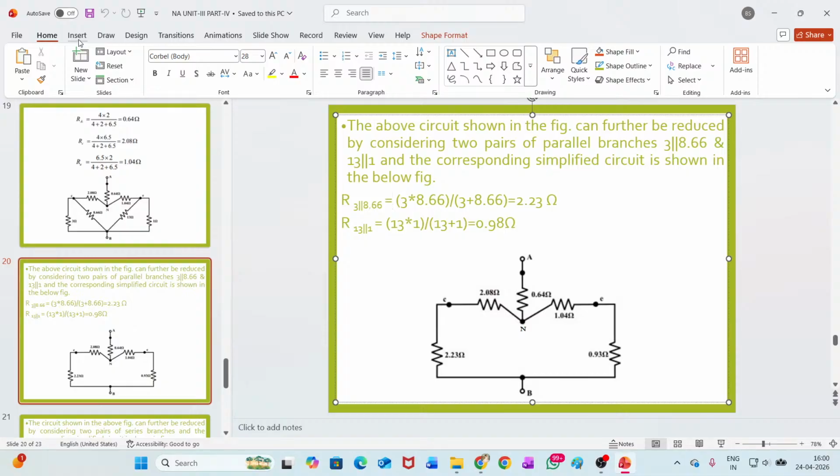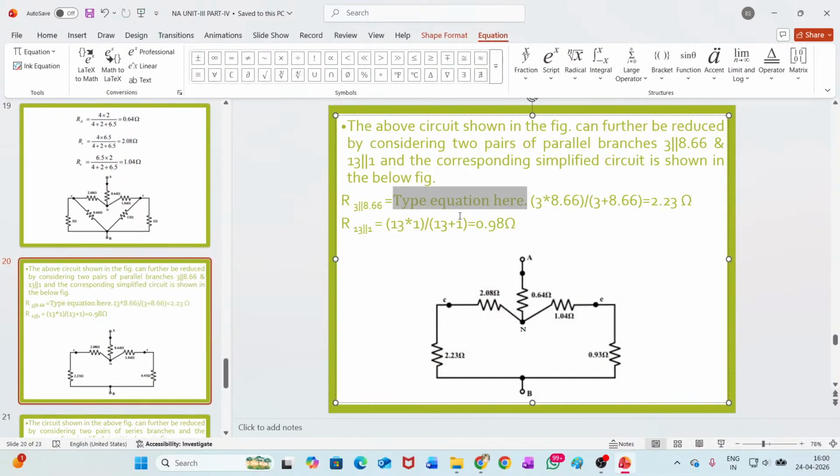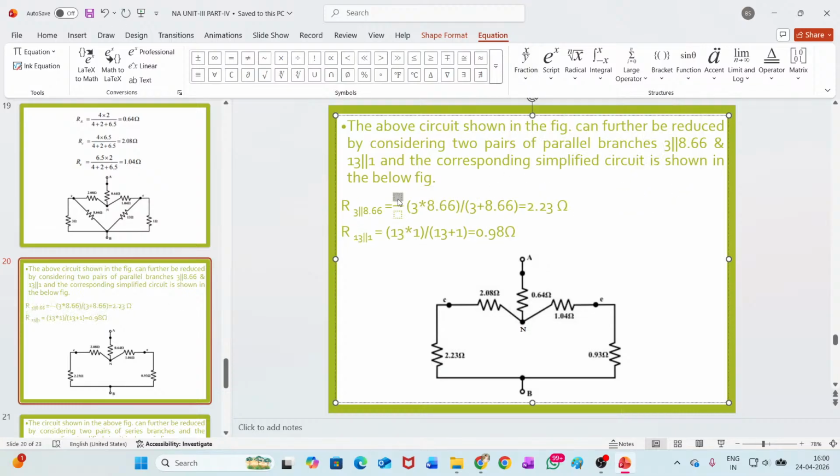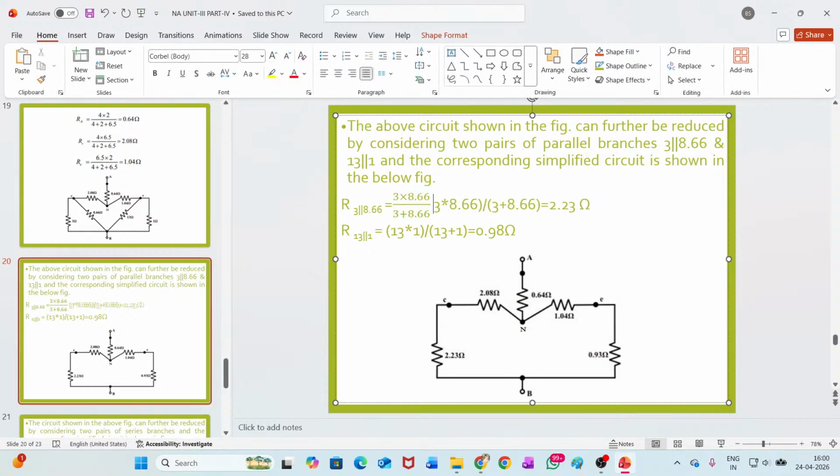I will write it now so that it will be easier to understand. If you simplify 3 into 8.66 by 3 plus 8.66, you will get 2.23 ohms.